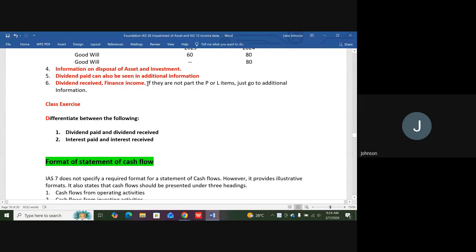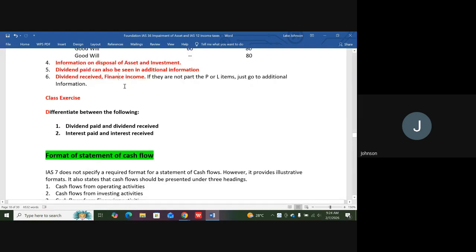If they are not part of profit and loss items, just go to additional information. You will find information about dividend received and dividend paid. You're also going to get information about finance income, which is interest received, and so on and so forth.